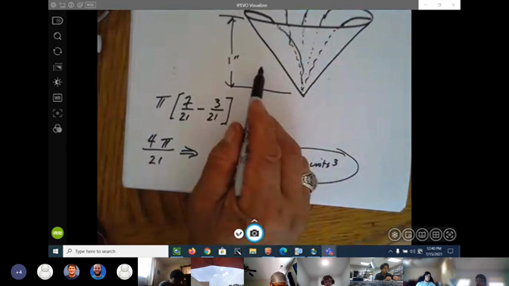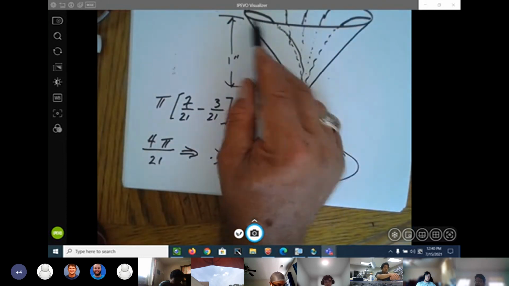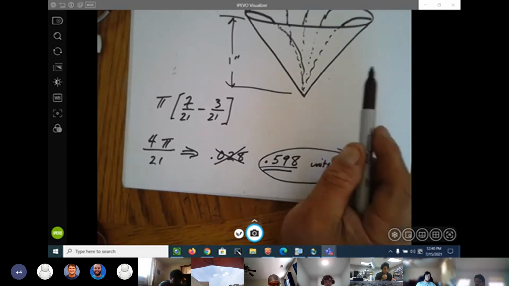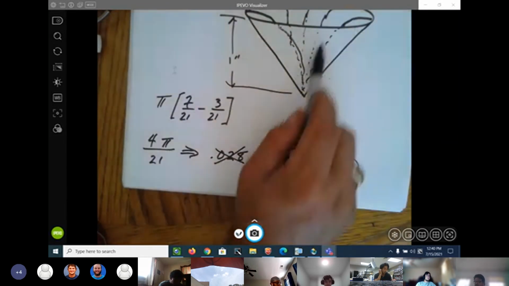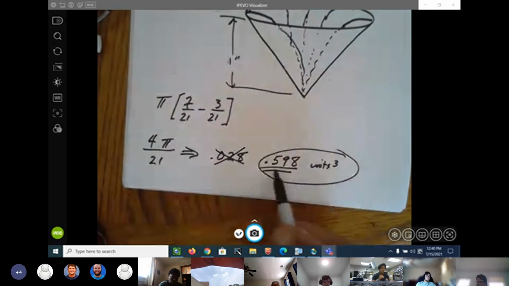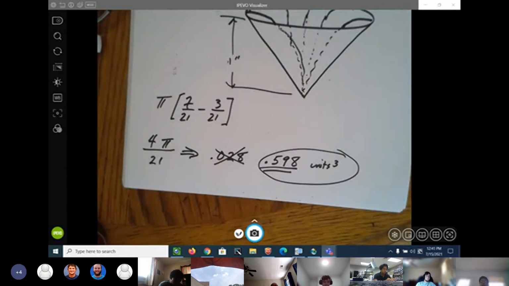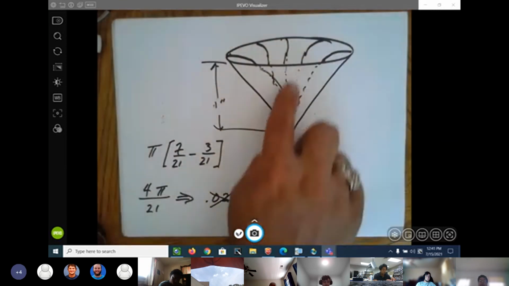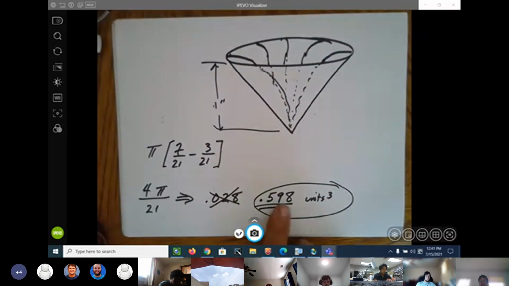That would make sense because if you filled it up and it didn't have any ridges, it would be almost 1 cubic inch. But since it's got the padding, that ridge in it, it's going to be less than 1. Anyway, it's always good to try to draw it, to picture it, so that makes sense.